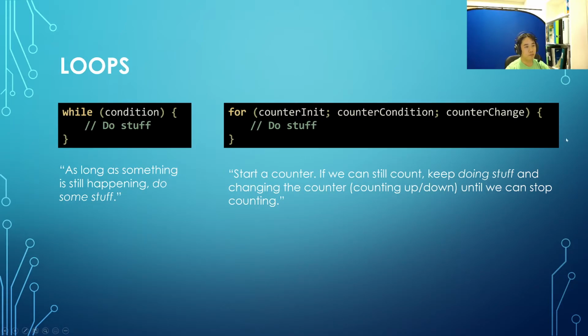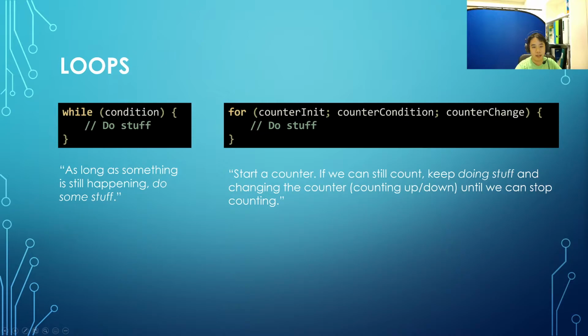For the for loop, a lot of times we just start a counter, and then we give the counter a condition to work with. And we also change the counter every time we reach the end of the for block. How I interpret it is like saying we start a counter.